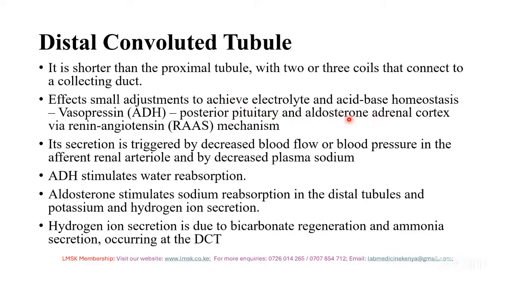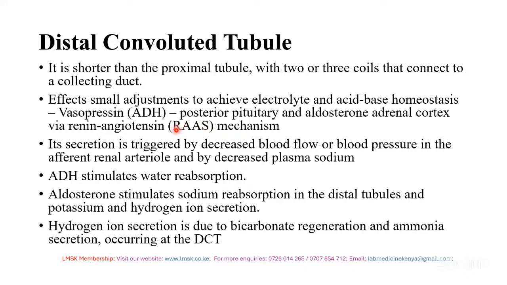Aldosterone also controls sodium in the kidneys. It senses whether it's too high or too low, and affects the feedback mechanisms to correct the levels.